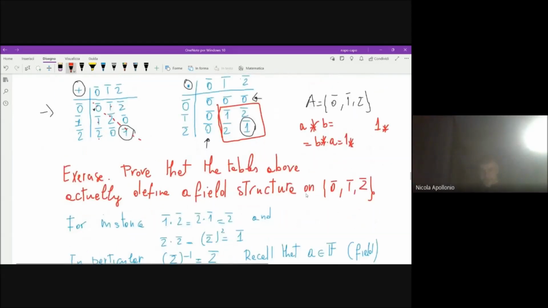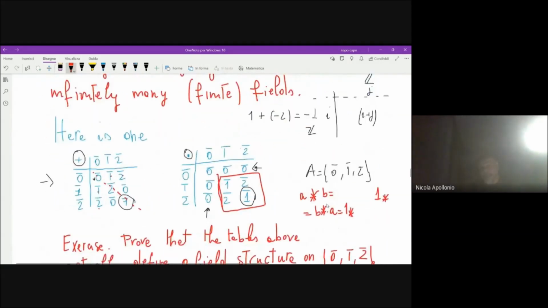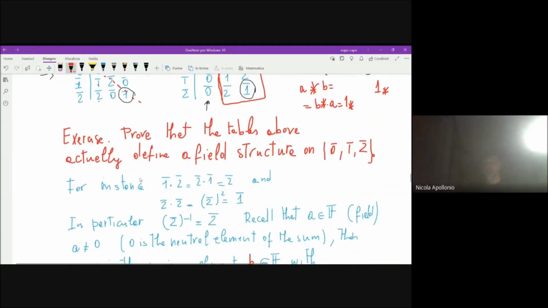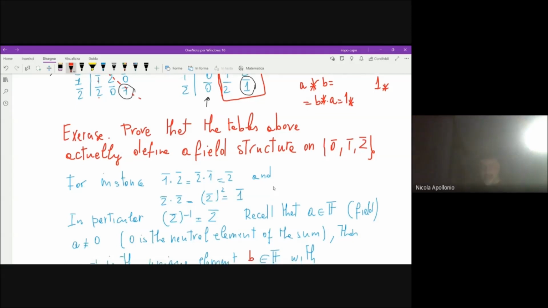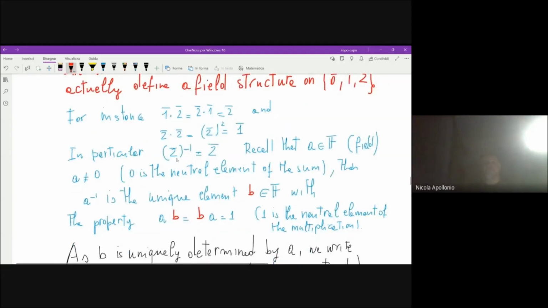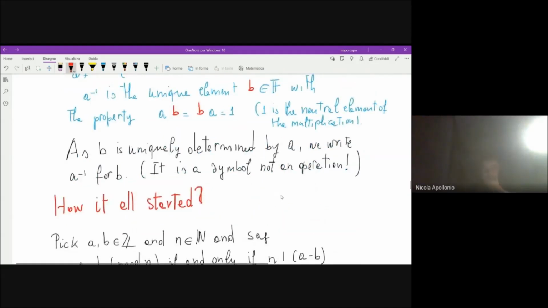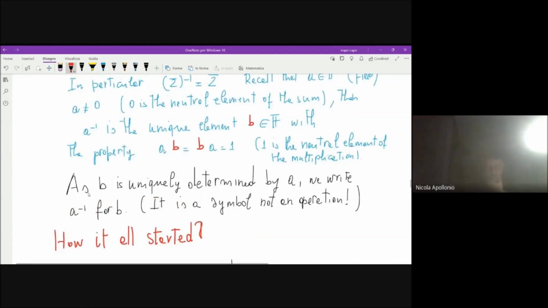But just using the table, trust me, this is an arithmetic. Use it. Just using the table, we get, for instance, that the square of 2 bar is 1. We get that the inverse of 2 bar is 2 bar itself. And what I wrote here is just the definition of inverse element, here and here. But we recorded it.